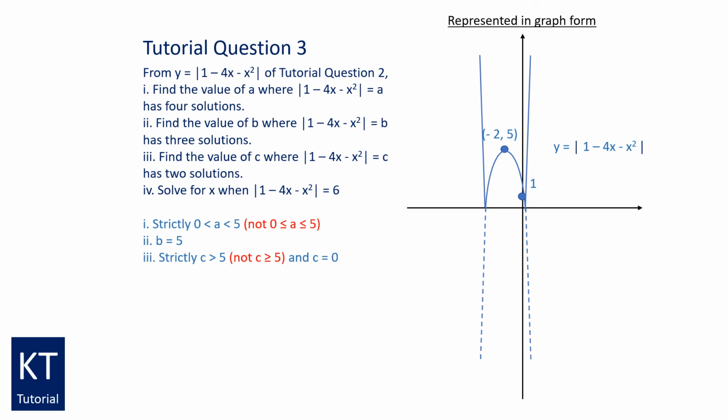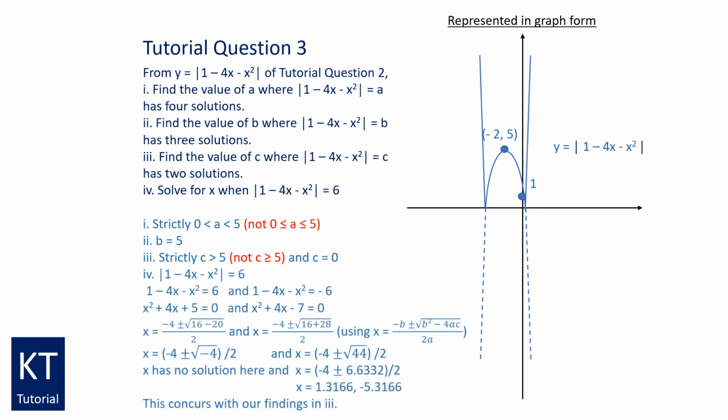As for the value of c, we now need to scan for where we could position a horizontal line that will cut the blue graph at 2 different points. This would be strictly when y is above 5, making c larger than 5. And not forgetting when c equals 0.